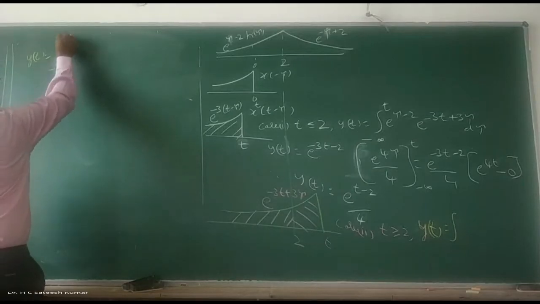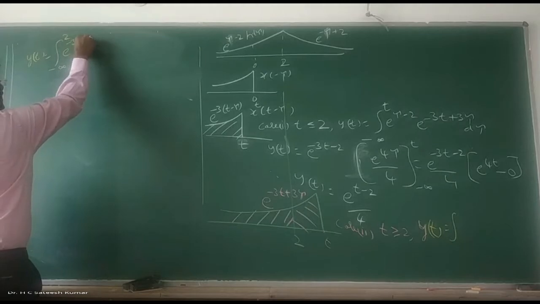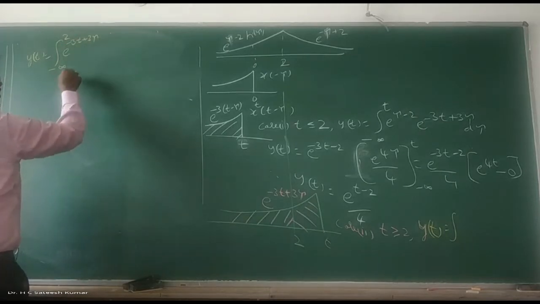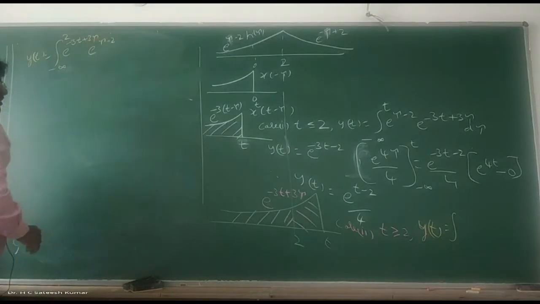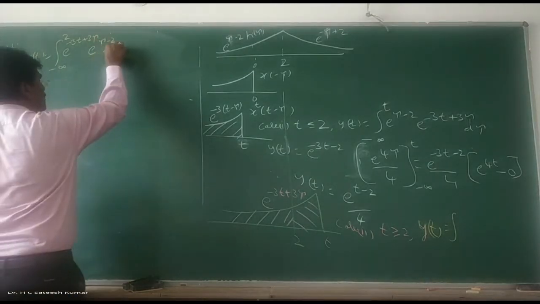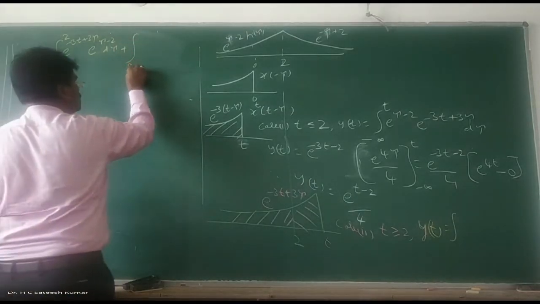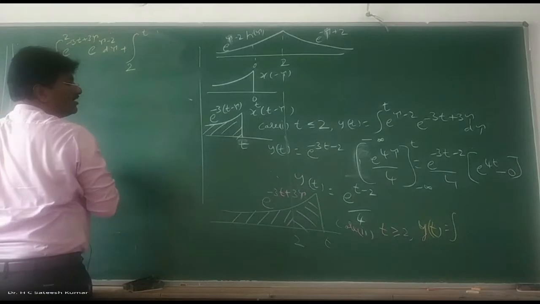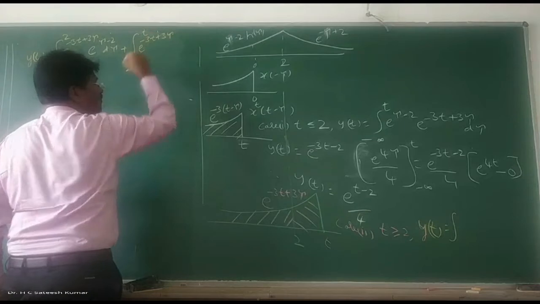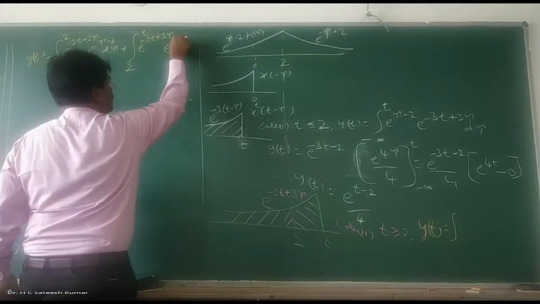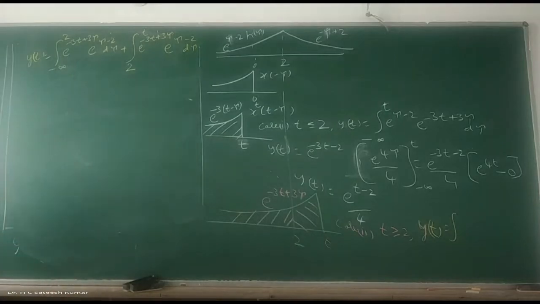Minus infinity to 2, e to the power of minus 3t plus 3 tau into e to the power of tau minus 2 d tau plus integration from 2 to t e to the power of minus 3t plus 3 tau into e to the power of tau minus 2 d tau.